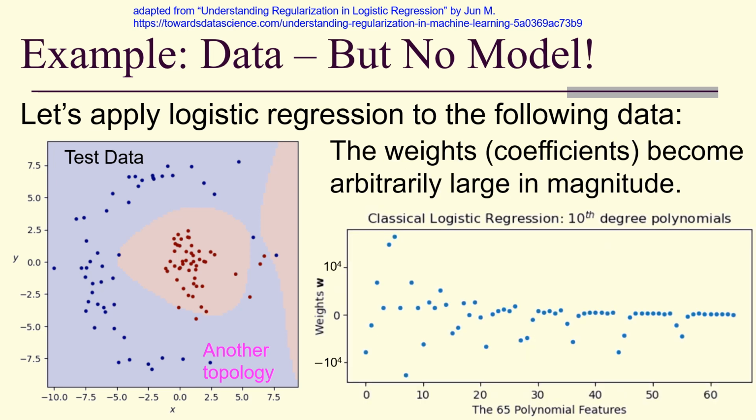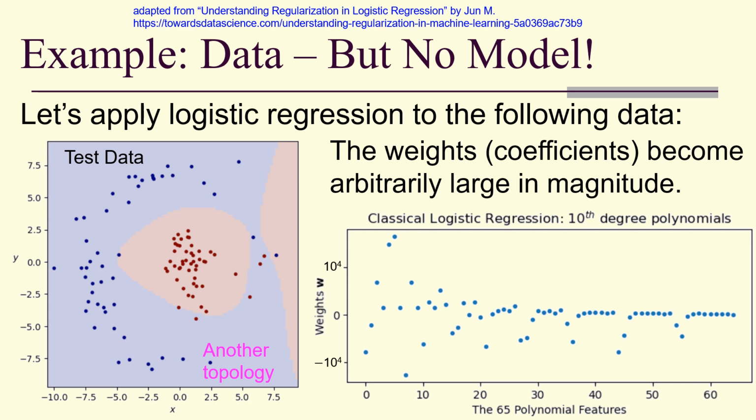So the weights also become arbitrarily large in magnitude. So here are the weights. There are 65 polynomial features for 10th degree polynomials, and notice how big they are. So notice we're going from negative 10 to the fourth to 10 to the fourth. So that's negative 10,000 to 10,000 with these weights.